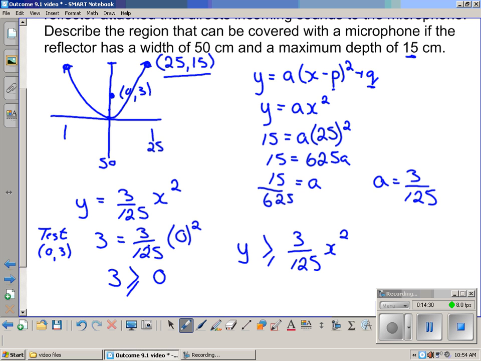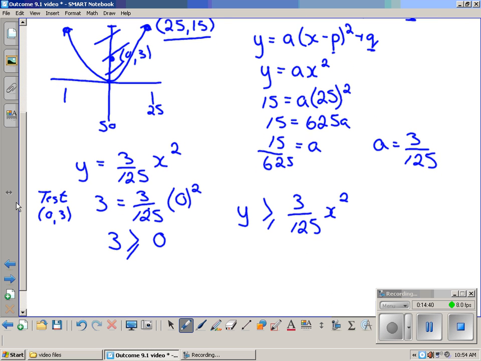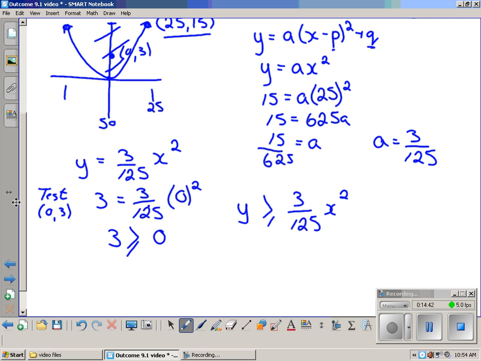I know that the region in here is what is included because the sound doesn't actually reach the outside. If I look at my domain for this question, my domain in the x direction, the smallest value for x that it can be is negative 25.